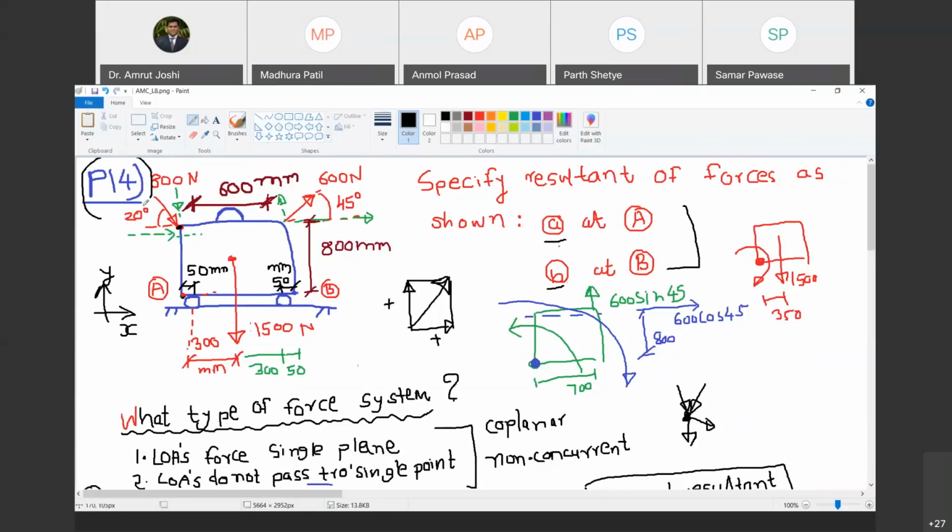Typically all this is explained as theory in most classes and in most books. But I have intentionally taken a problem so that you understand better. So what is the theory point behind this? Coplanar non-concurrent force system. You ask me to find out the resultant at a point and typically I will have two resultants. Which ones? Moment and force resultant. Are you with me? Yes, sir. If you ask me only to find out the force resultant, then I will also have to specify the locations of the points where the moment resultant vanishes and only the force resultant prevails.